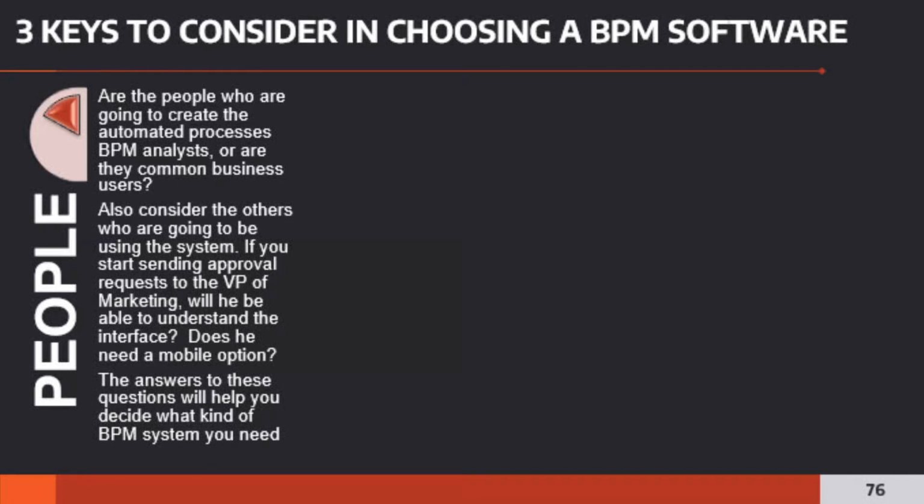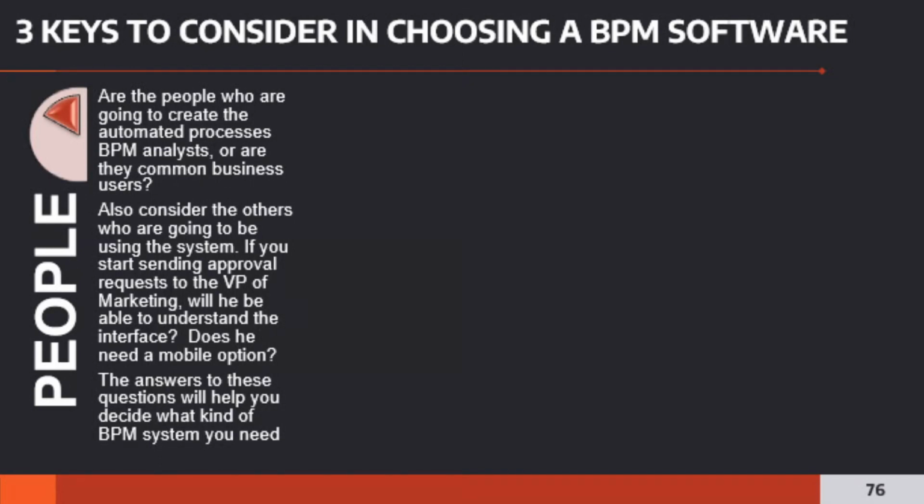So if you want to start sending approval requests to the VP of marketing, will he be able to understand the interface? Does he need a mobile option for this? The answers to these questions will help you decide what kind of BPM system you will be needing. So people is the first one.